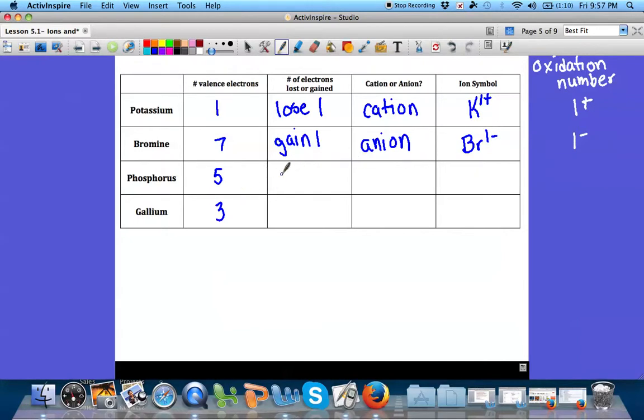Phosphorus is going to gain 3 electrons to get to 8. That's going to be an anion. And then our oxidation number for phosphorus is going to be 3 minus.